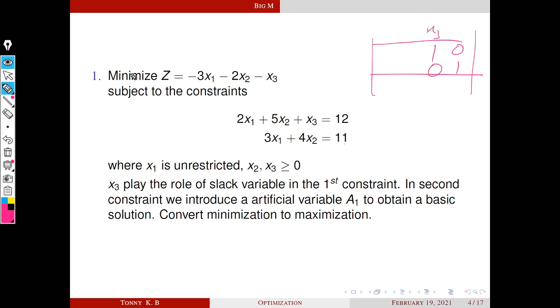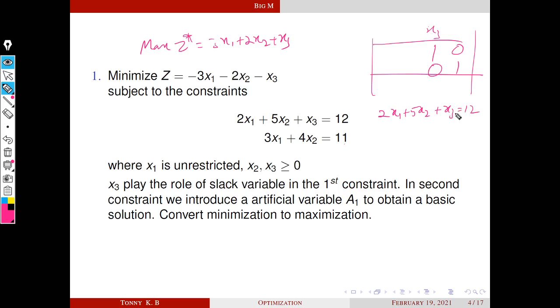Also, this is a minimization problem, so we have to convert it into a maximization problem. So this problem becomes maximize z star equal to minus 3x1 plus 2x2 plus x3. And what about our constraints? There is no change in the first constraint, it is 2x1 plus 5x2 plus x3 equal to 12.